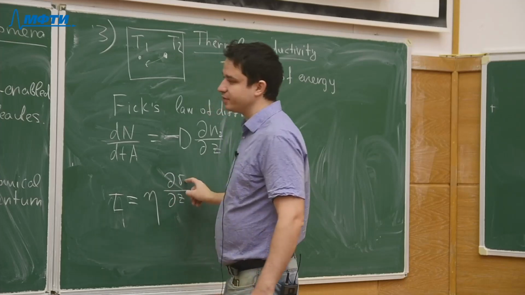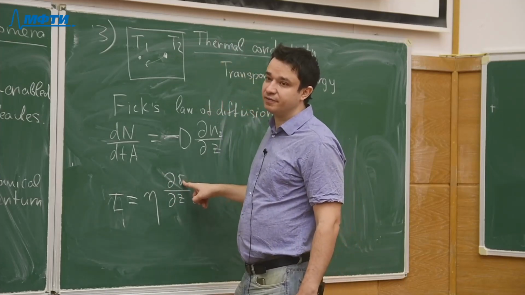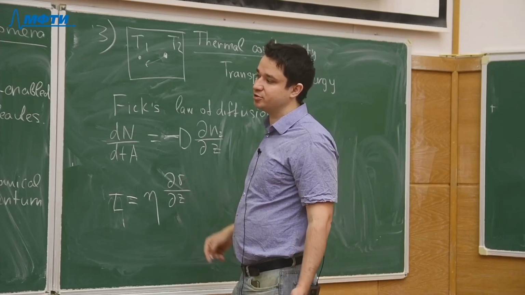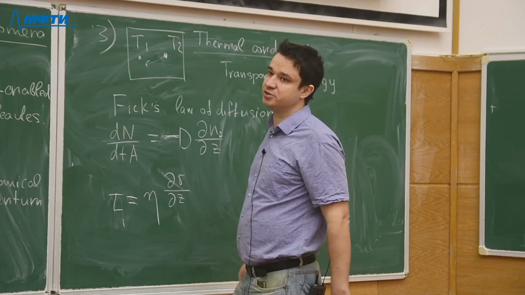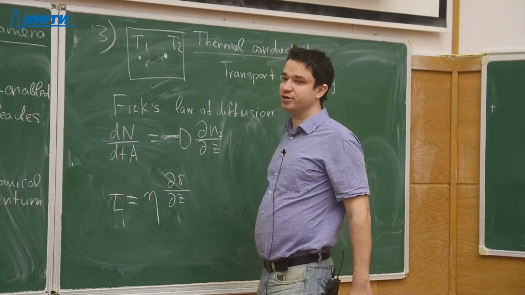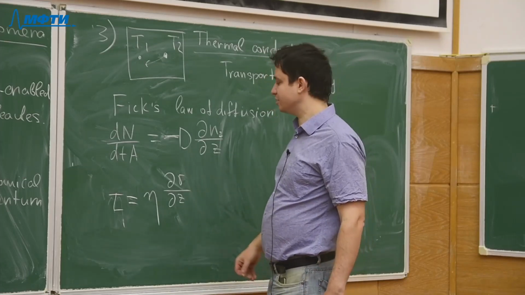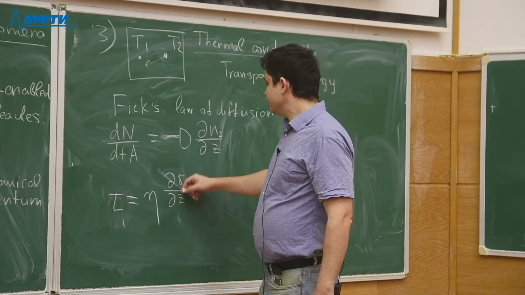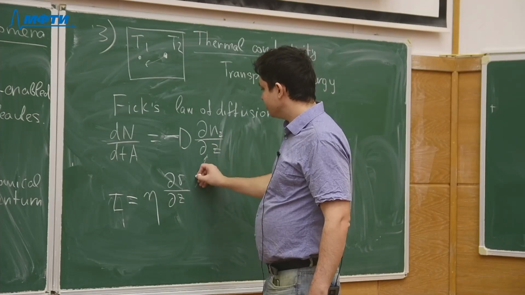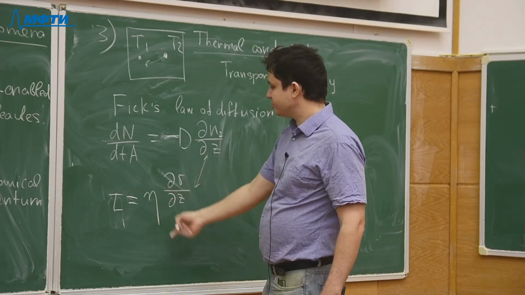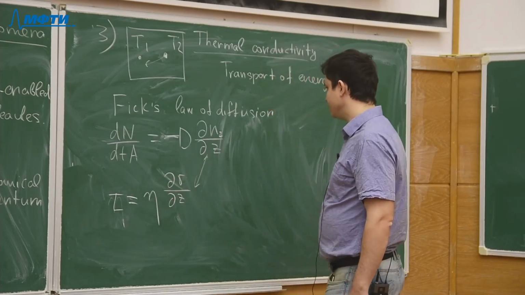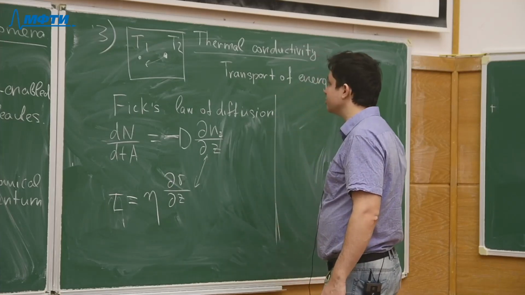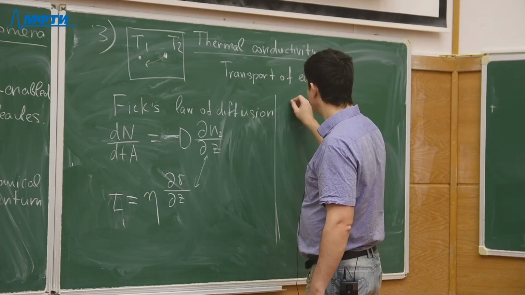In here, I say once again that this velocity is the macroscopic velocity, the velocity associated with drift, the common velocity for all of the molecules inside that part of the vessel. So again, as you see, something very similar. Some derivative multiplied by the coefficient. And in the case of the heat conduction, then we have the Fourier law.